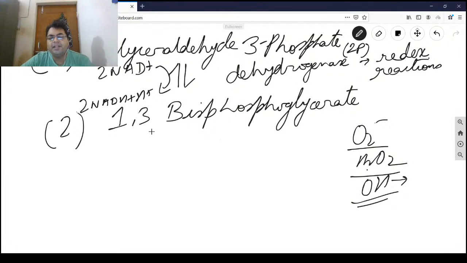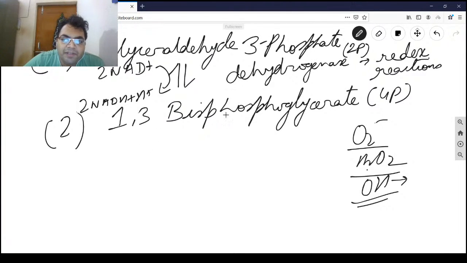How many phosphate groups do you see in 1,3-bisphosphoglycerate? This one molecule has 1 and 3. Bisphosphate means at 2 different sites: at the 1st carbon and the 3rd carbon, so 2 phosphate groups per molecule. With 2 molecules, the total number of phosphate groups has become 4. Now from where did you get 4 phosphate groups, where you have only 2?